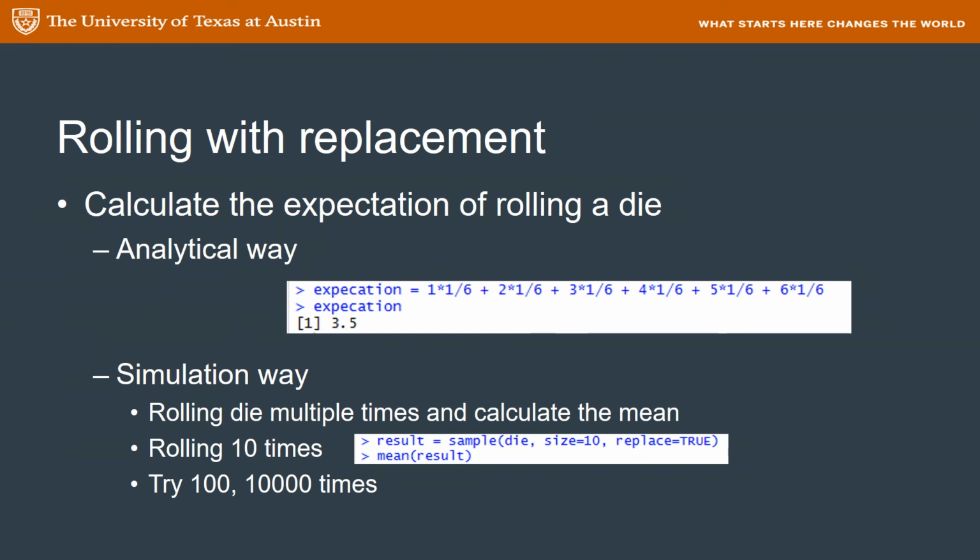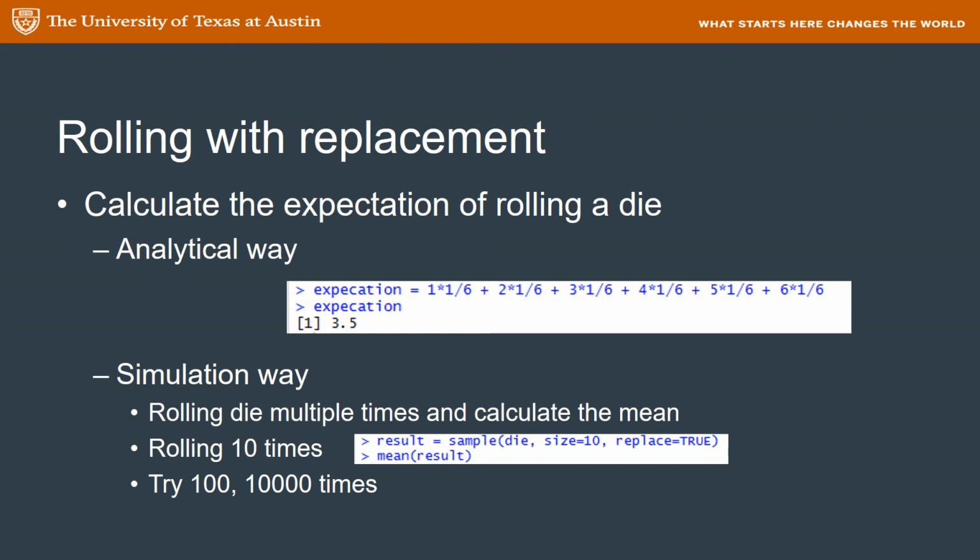In the last homework, you were asked to calculate the expectation of rolling a die. I guess most of you used an analytical way, where the expectation is the summation of each individual value times its associated probability, right?